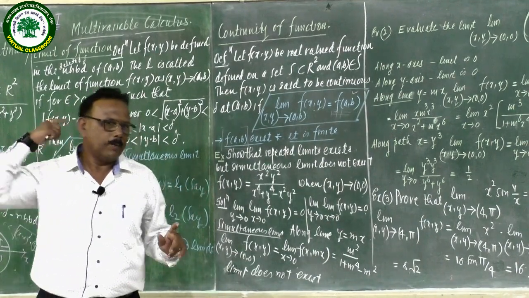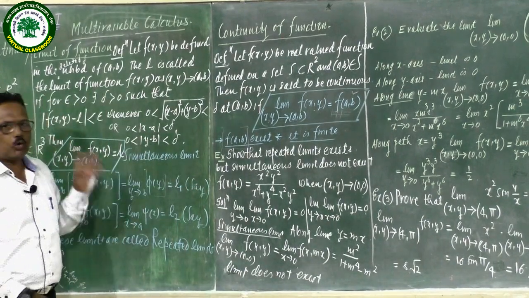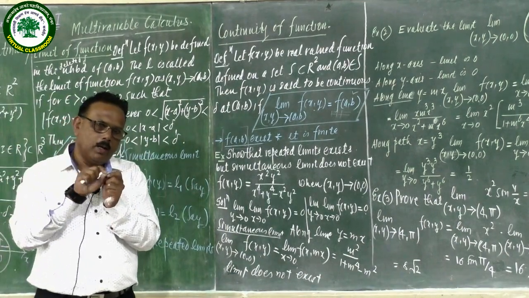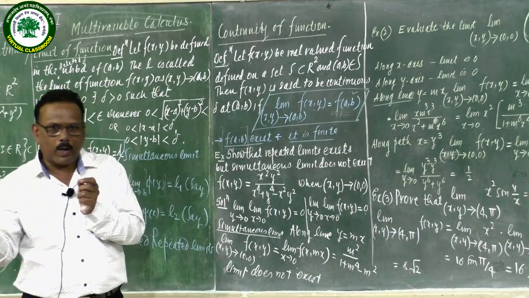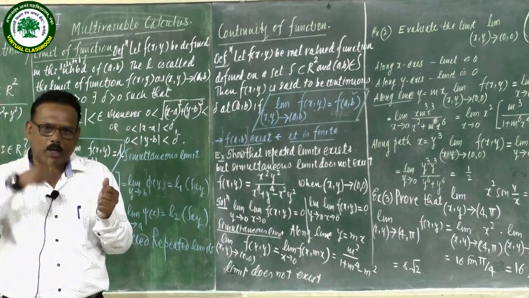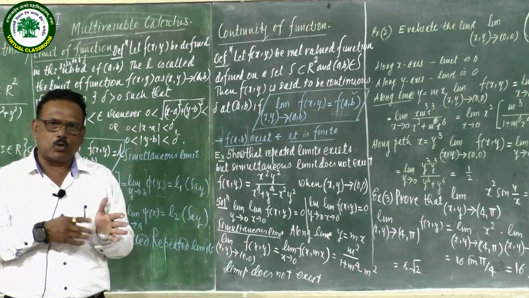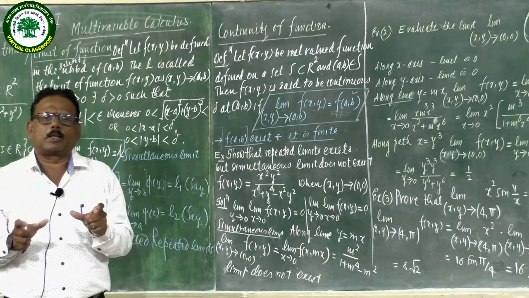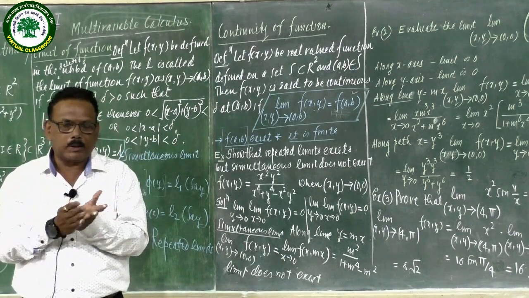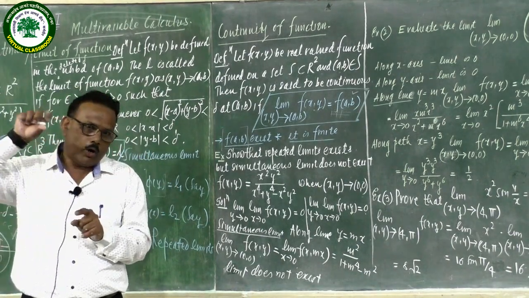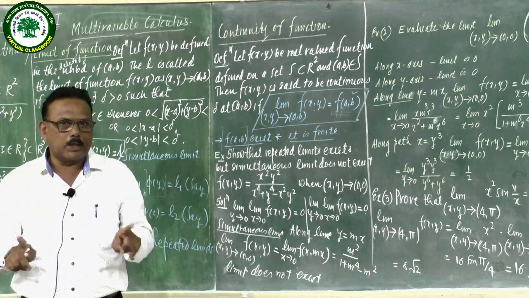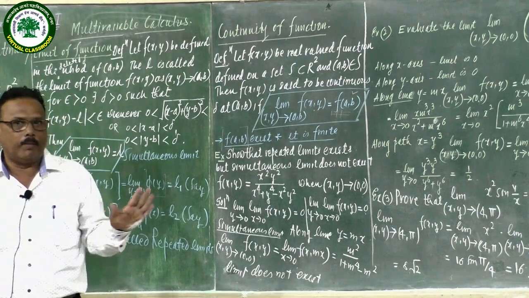In most cases, you have to take the value of the limit along different paths. (x, y) tends to (a, b) along the x-axis, along the y-axis, along the path y equals mx, along the path y equals mx cubed, along the path x equals my cubed. Along different paths, in each case the value of the limit should exist, otherwise the function has no limit.